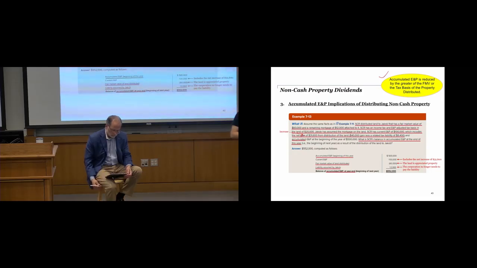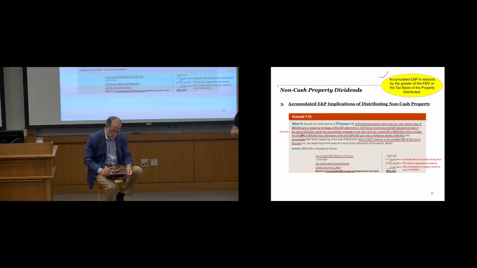So in the previous slide, we talked about the greater of FMV or tax basis of the property distributed. In this case, the current fair market value of the property is 60K, and the tax basis is 20K, so we take 60K. And then from the beginning of the year, the accumulated E&P is 500K, and then the current year E&P is 100K, and then we deduct the fair market value of the land distributed, 60K.